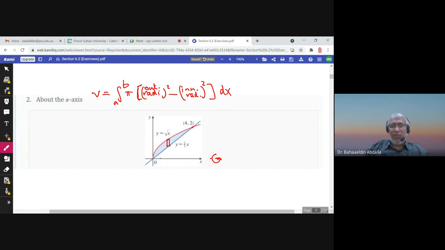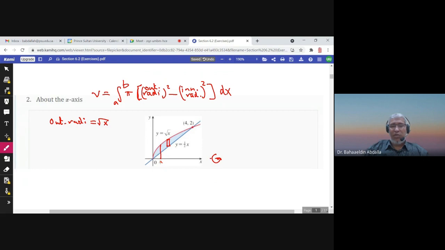So the distance from the axis of rotation to the outer curve, this distance is called the outer radius. Now, how to find the outer radius? If this is x, then the length of this line segment is f of x, which is square root of x. So the outer radius is square root of x.